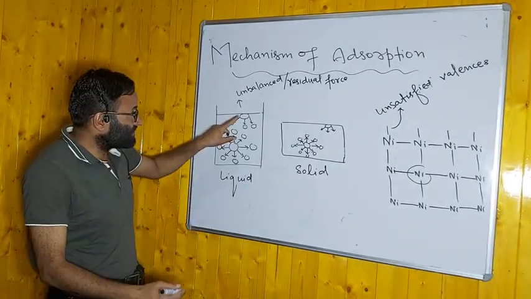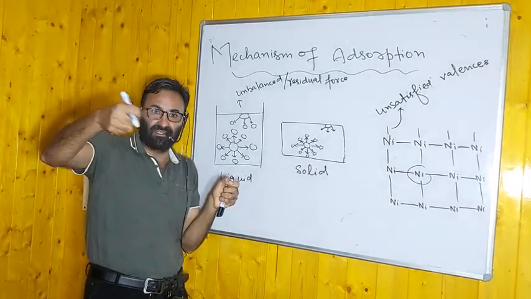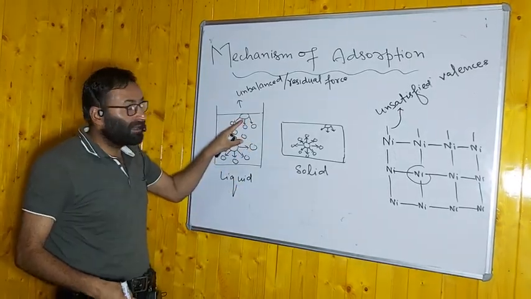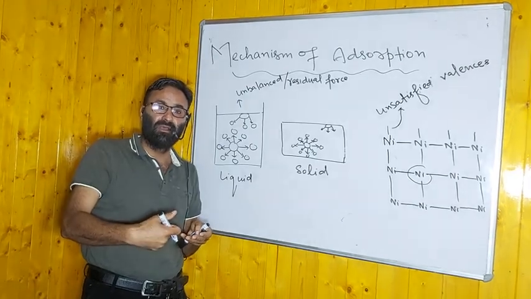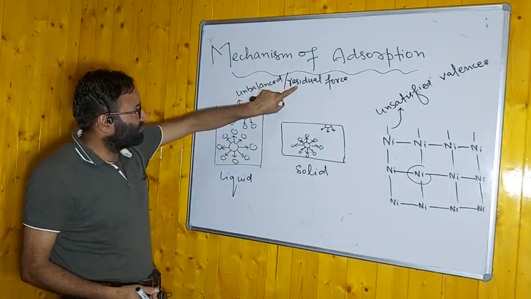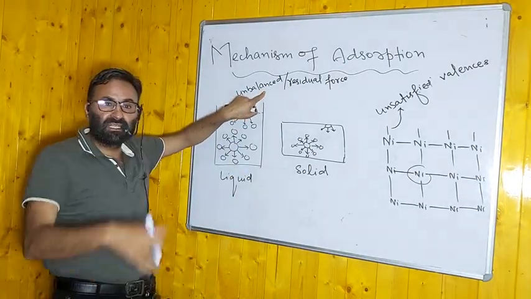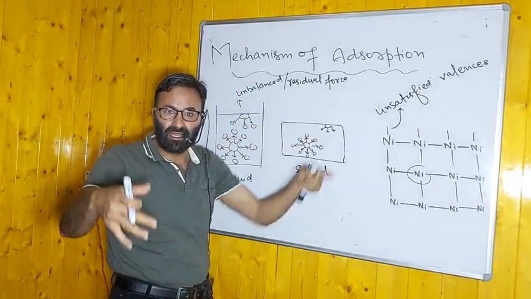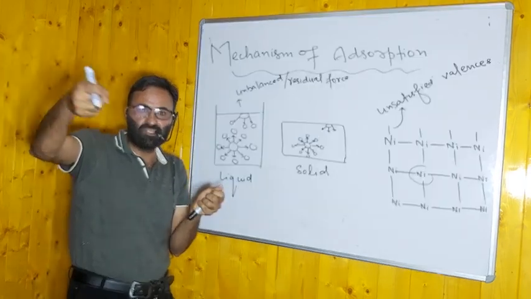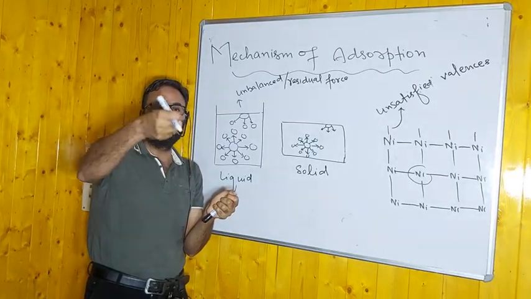The surface molecules have tendency to attract. The surface molecules try to become stable. How do they become stable? They try to decrease this residual force, this unbalanced force. They try to form the bond. When they try to form the bond, for this they try to attract and retain the adsorbate molecules.